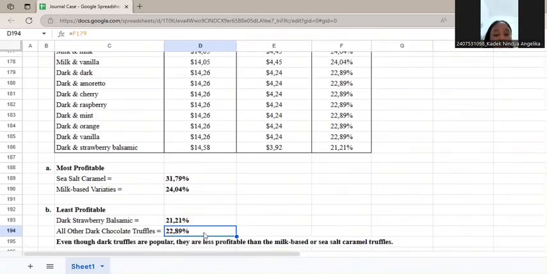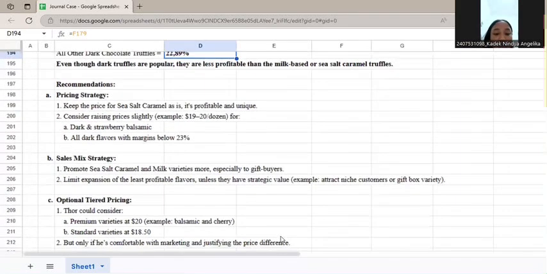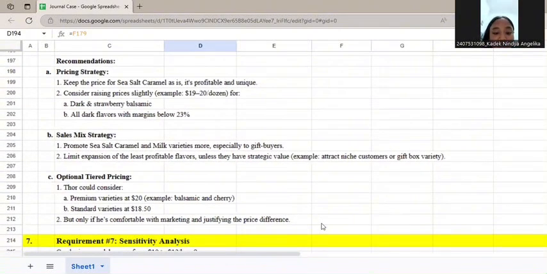22.89%. So even though dark truffles are popular, they are less profitable than the milk-based or sea salt caramel truffles. Okay. For the recommendation, for the pricing strategy, at first, keep the price for sea salt caramel as is, it's profitable and unique.